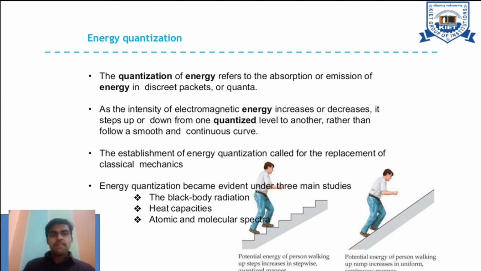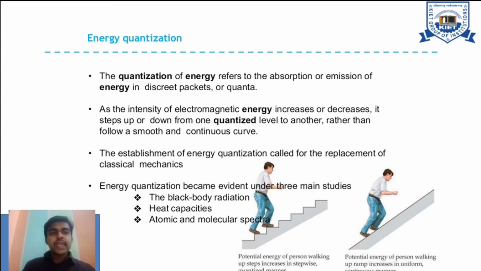They made a new form of energy quantization that consists of three major studies. One is blackbody radiation, another is heat capacity, and the third is atomic and molecular spectra. This is how energy quantization came about, and how people all over the world deal with scientific applications in day-to-day life.